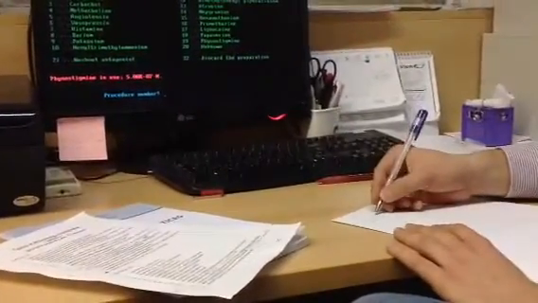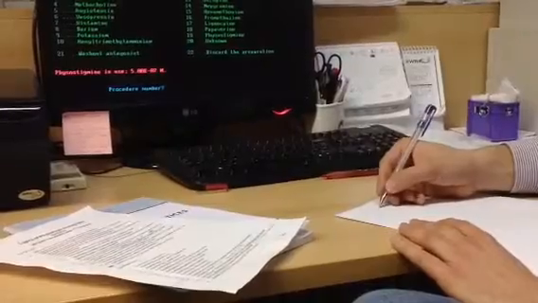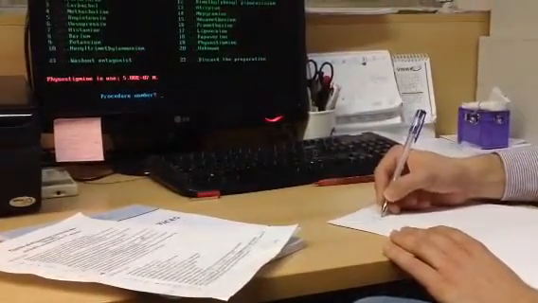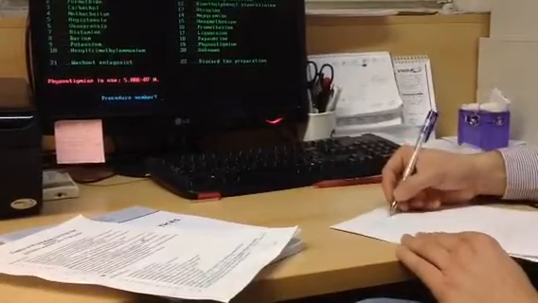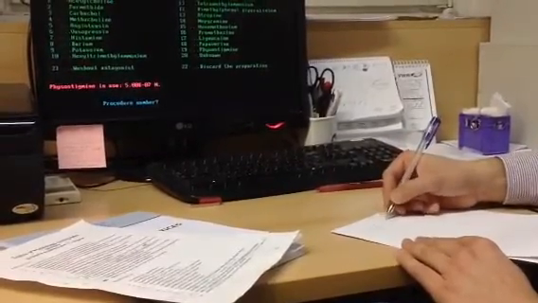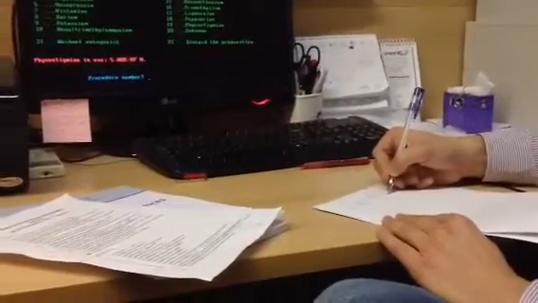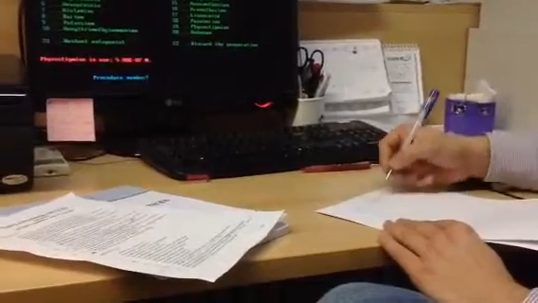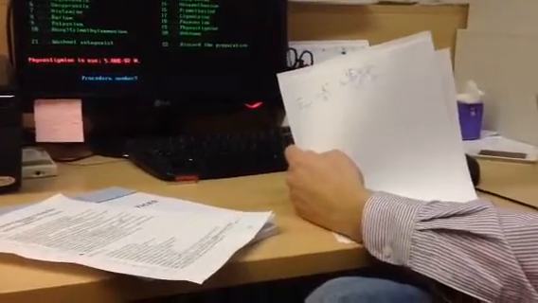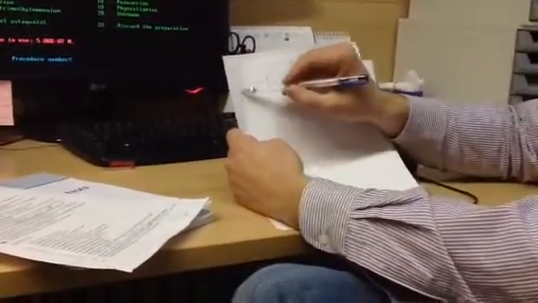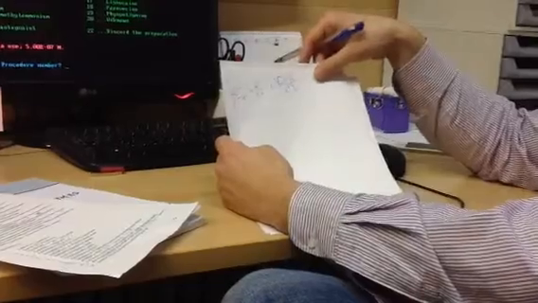So the formula is R times T divided by Z times F times the logarithm of the extracellular concentration of potassium divided by the intracellular concentration of potassium ion. So if we increase the extracellular concentration, we increase the equilibrium potential.